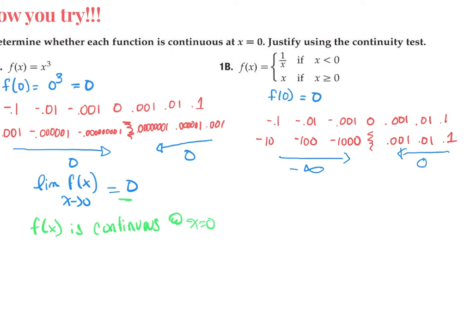Because the limit does not exist, meaning we're not approaching the same number from both sides, this means the function is discontinuous. And because we are approaching two different numbers, we can actually say that this is a jump discontinuity.